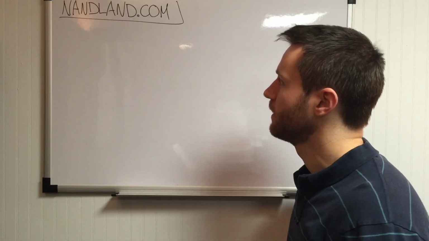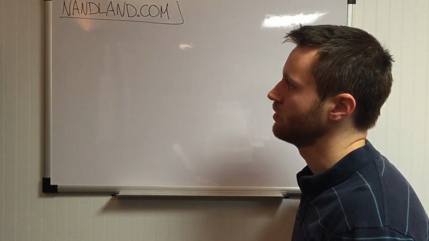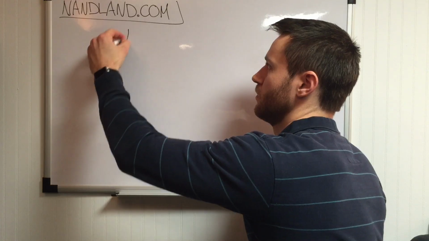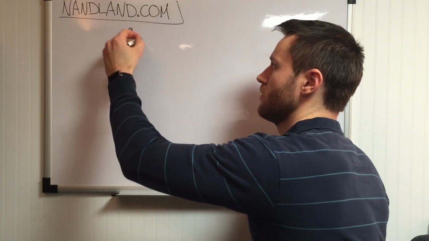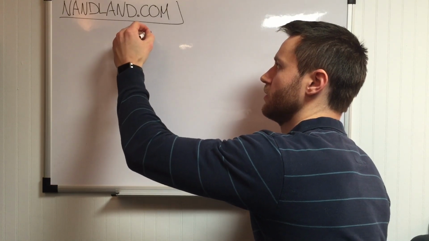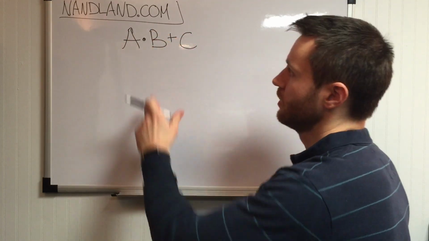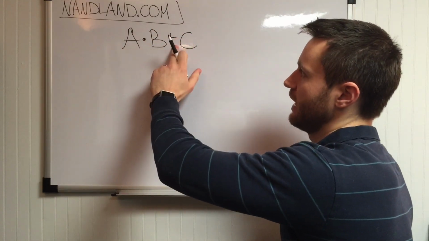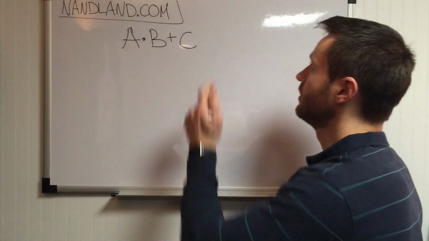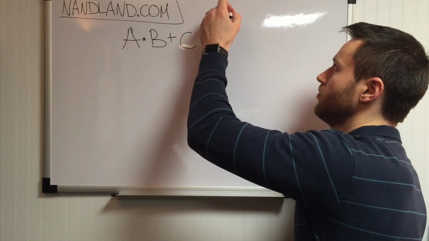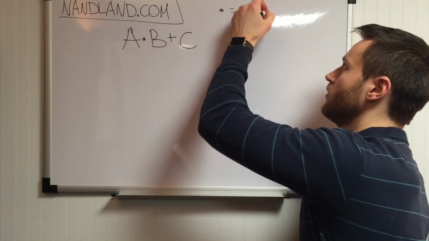So let's say I have some equation like this: A and B or C. I drew here a dot and I drew here a plus sign. In Boolean algebra equations, the dot means an AND.